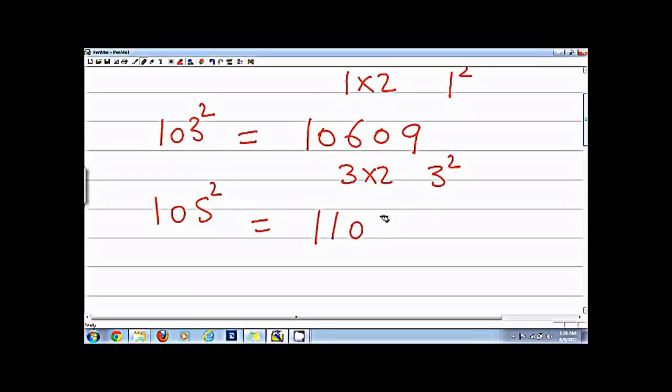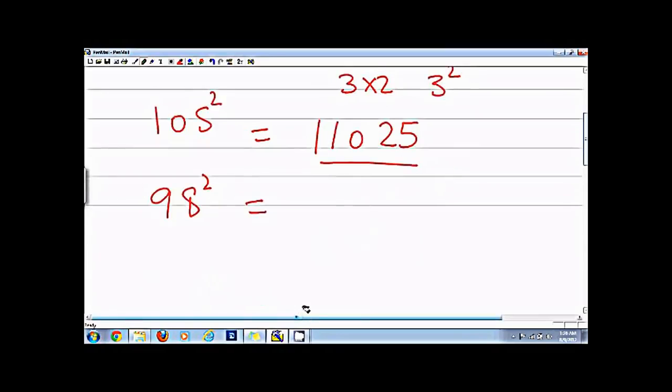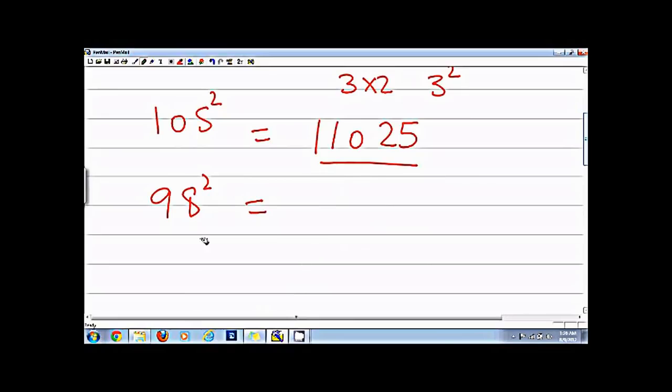Now if I have a number less than 100, for example 98, it is 2 less than 100, so that will be minus 2 into 2, which is minus 4. So 100 minus 4 is 96 and then minus 2 square is 4, so 9604.